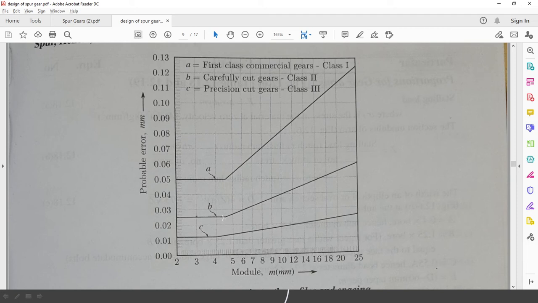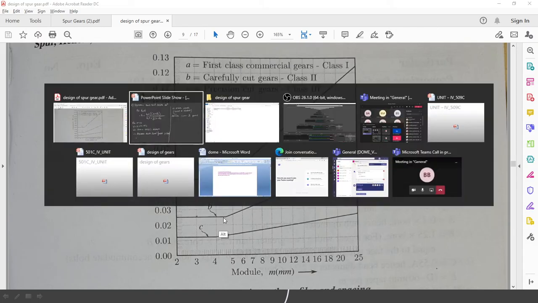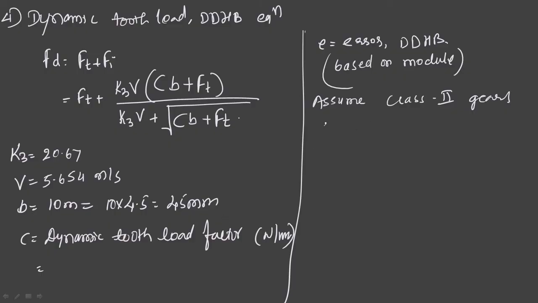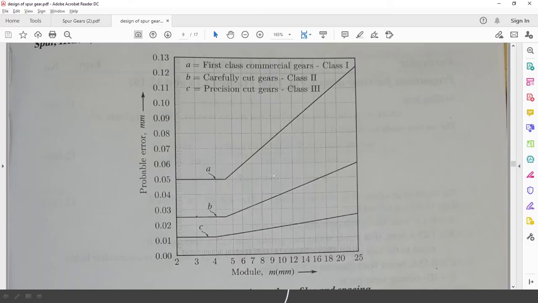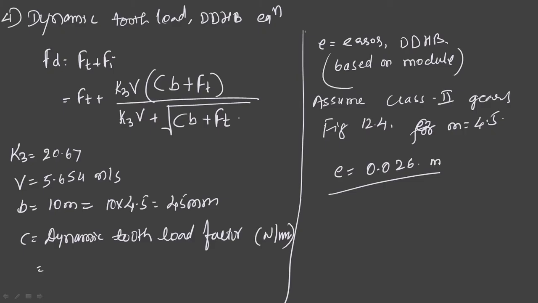For module 4.5, you are going to get about 0.025 or 0.026. I can go for 0.026. So referring to figure 12.4 for m equals 4.5, the error e equals 0.026.